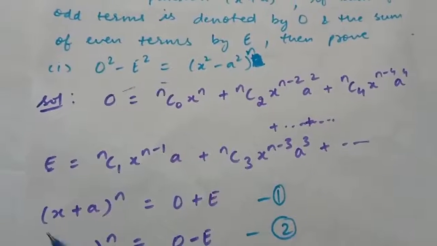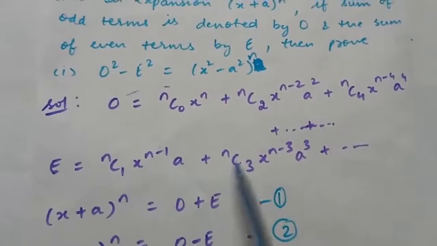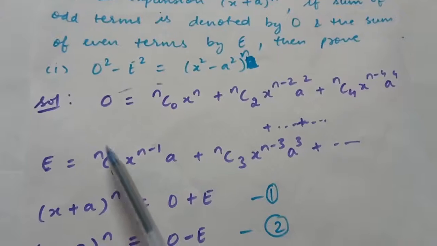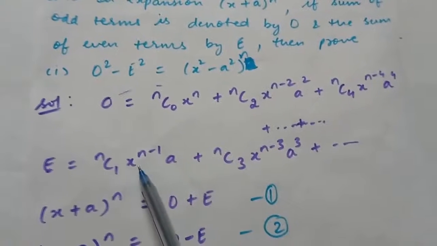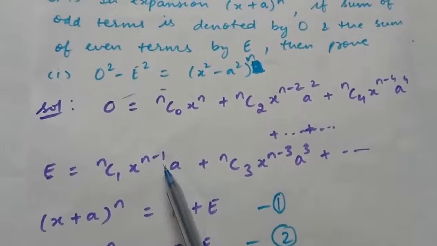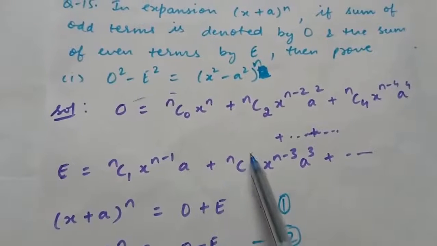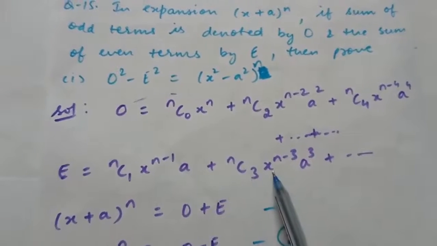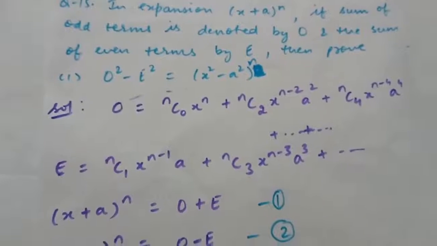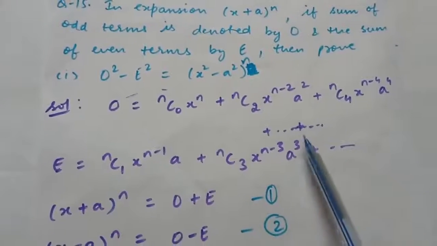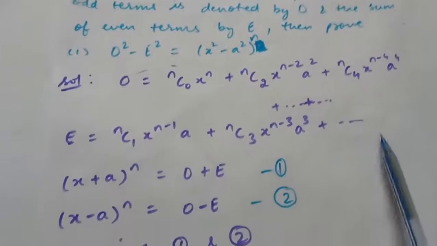So E is the sum of even terms. So second term is nC1 x^(n−1) a plus nC3 x^(n−3) a³ plus so on.